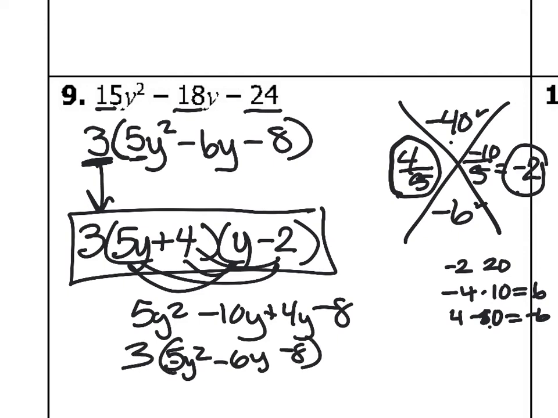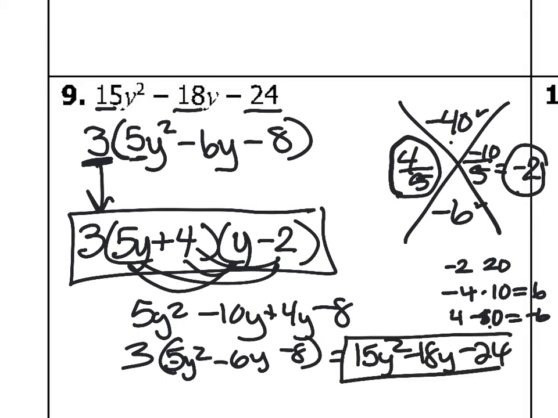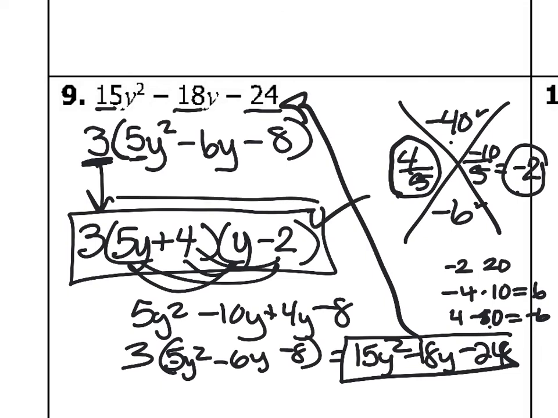So then you'd multiply all terms by 3. So 15y squared minus 18y minus 24. All right, so we got the same thing as the problem was, so that meant that this answer here was correct.